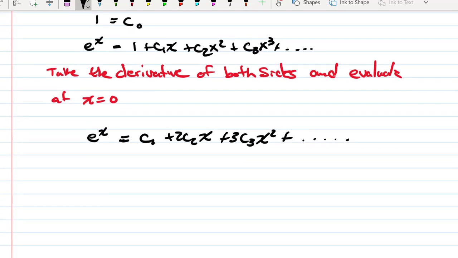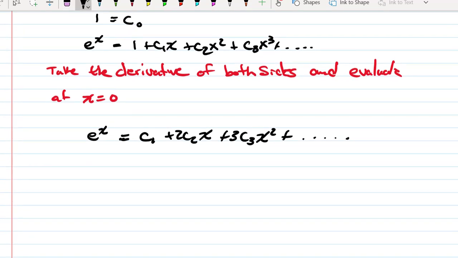If we evaluate this at 0 once again, we get e to the 0 is equal to c1 plus 2c2 times 0 plus 3c3 times 0 squared.